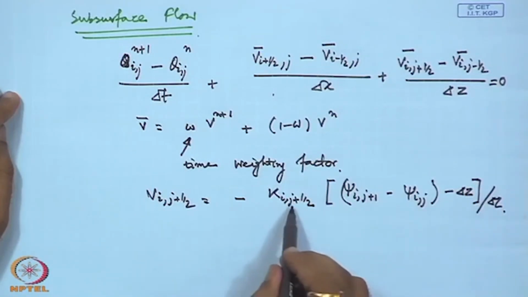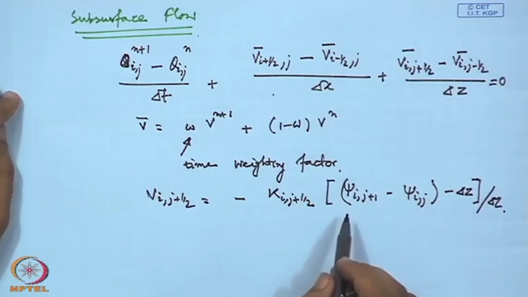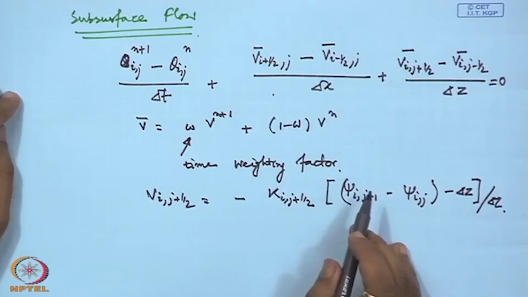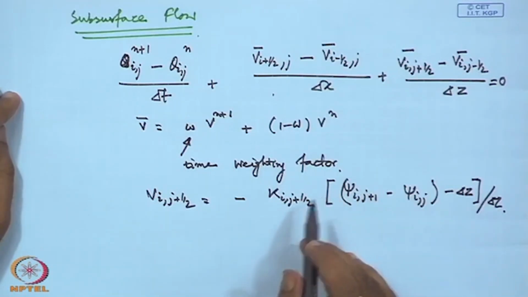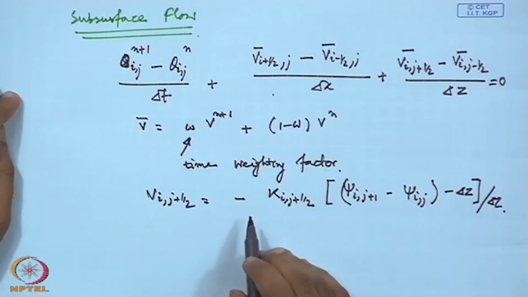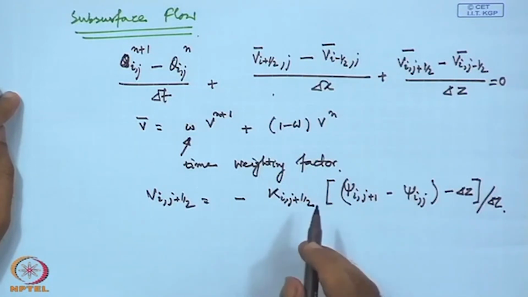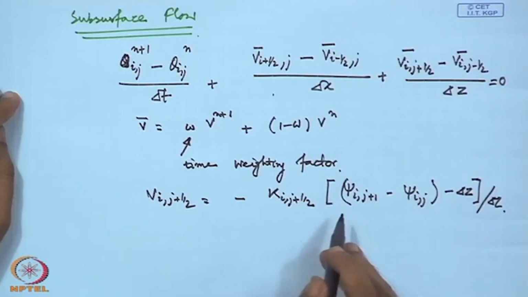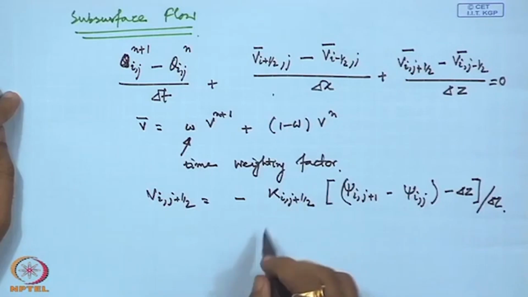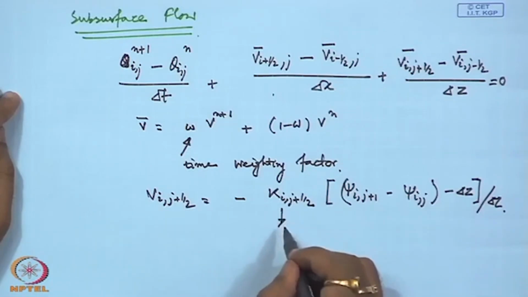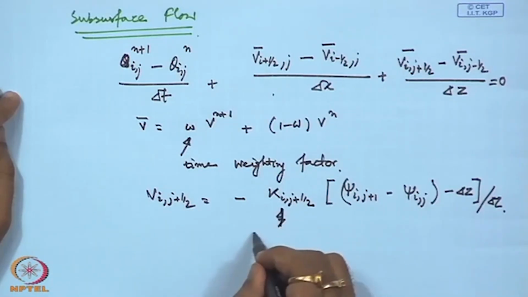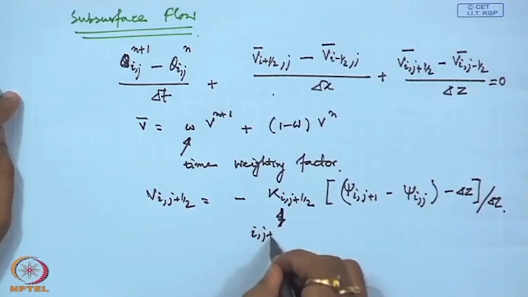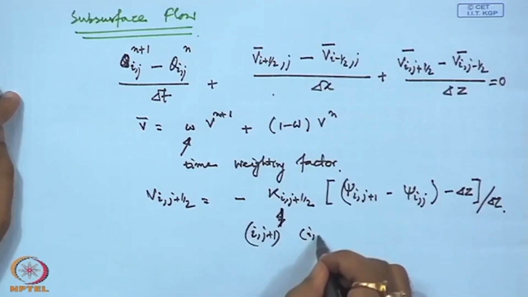So, K i j plus half is the unsaturated hydraulic conductivity, and it should be evaluated at the inter-block phases between i j plus half and i j. So, this is basically calculated based on i j plus half and i j.